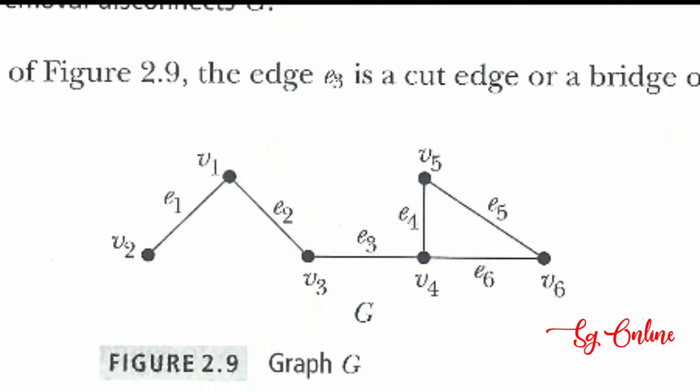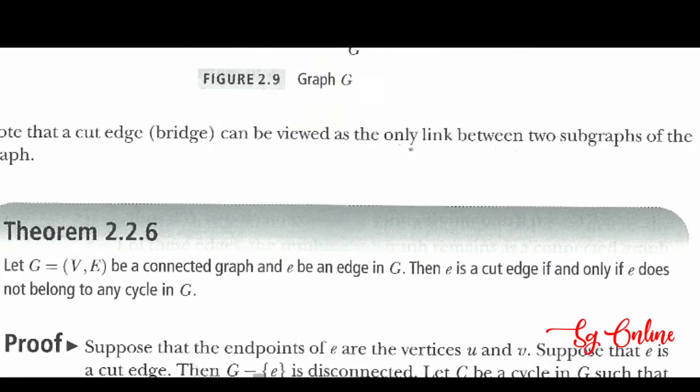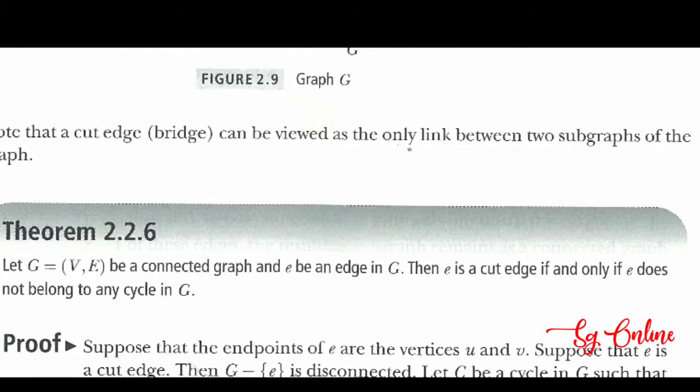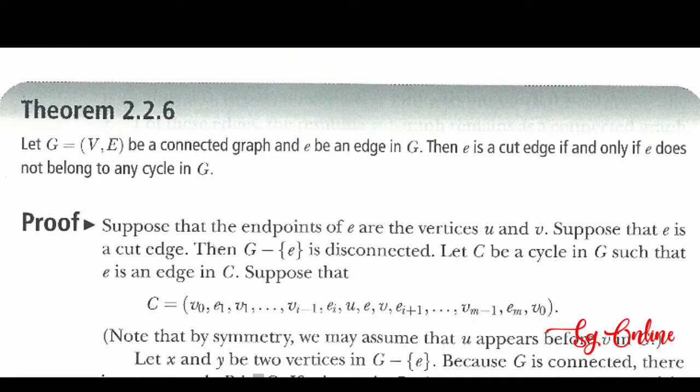But E1, E2, E3 are not part of any cycle, and so they are cut edges. So which are exactly the cut edges? The edges in a graph which are not a part of a cycle are basically the cut edges.